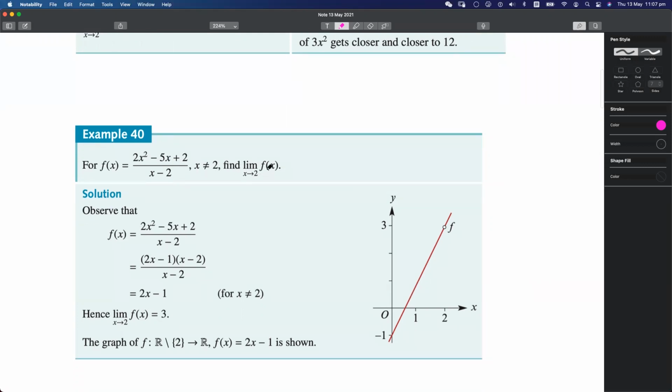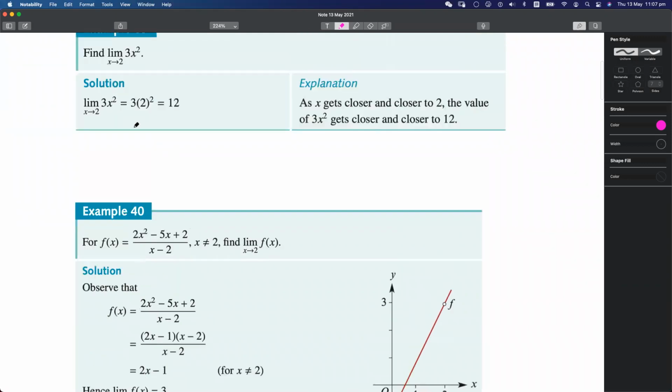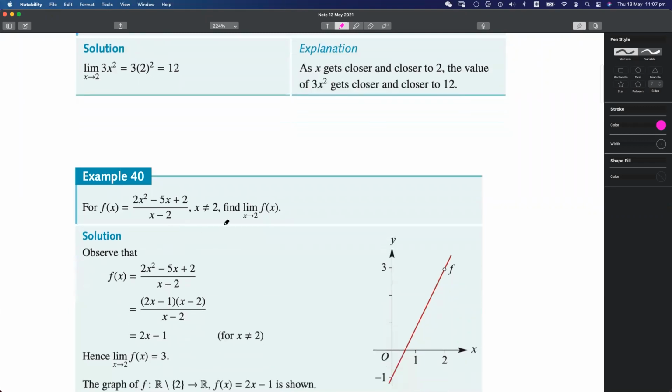If you just put 2 into this function, like we did here, you're going to see it's not going to work, because look at this denominator, 2 minus 2 gives you 0. And if your denominator is 0, this function is undefined.